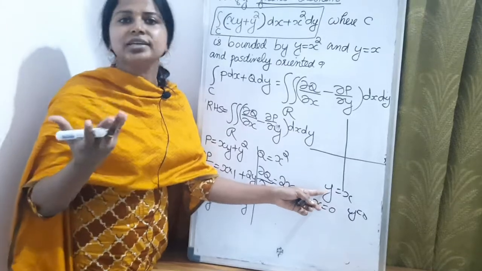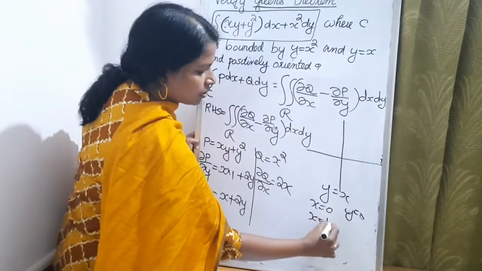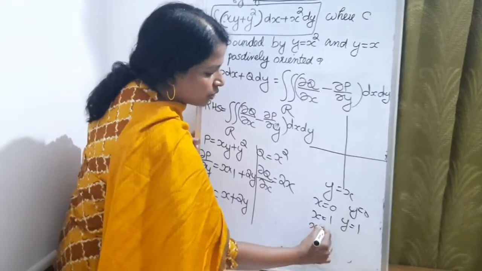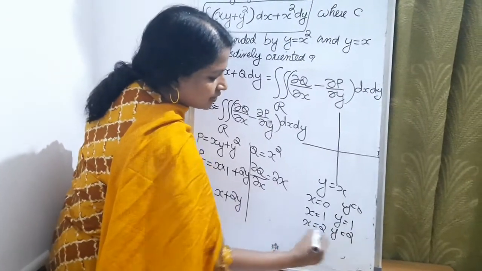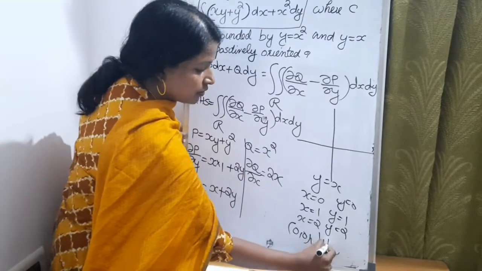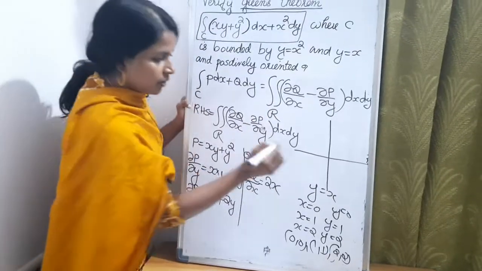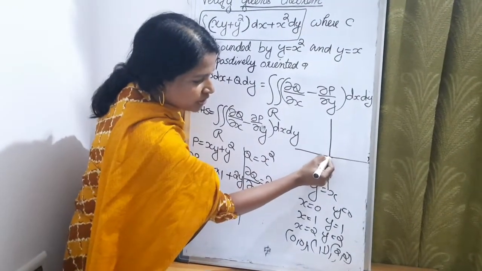That is, the points are (0,0), (1,1), (2,2).